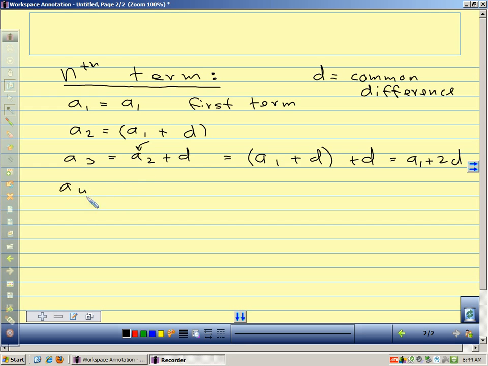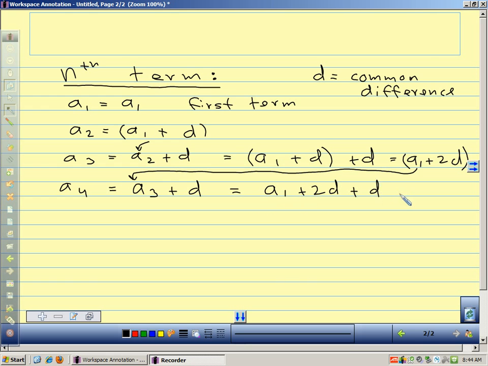And a sub 4, my fourth term, is a sub 3 plus d. We're just adding the common difference to a sub 3. But a sub 3 is a1 plus 2d. So I'm going to take this and plug it in here. So I get a1 plus 2d plus d, or a1 plus 3d.